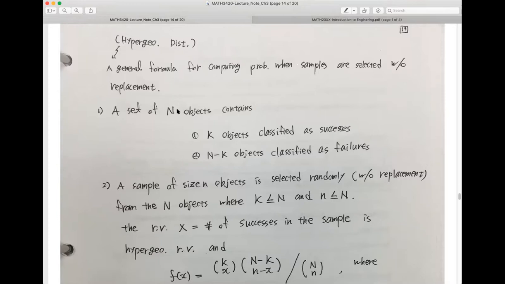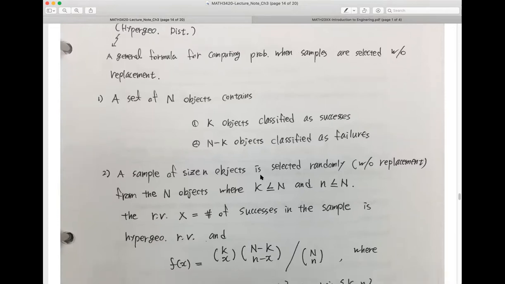You see that a lot of letters are used here, so you need to clearly understand the meaning of each letter. Capital letter N represents the total number of objects in a population.